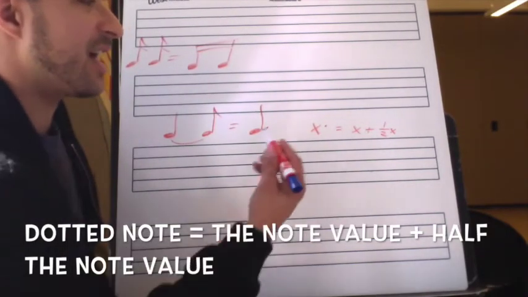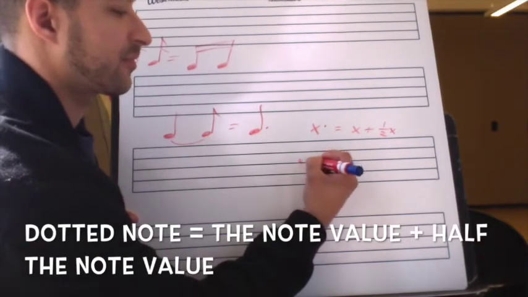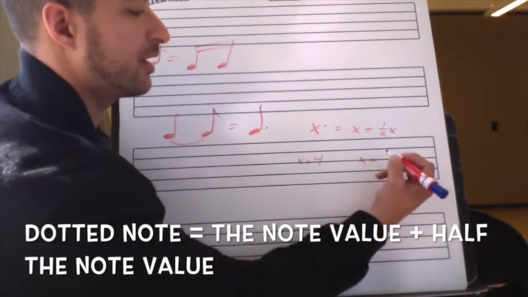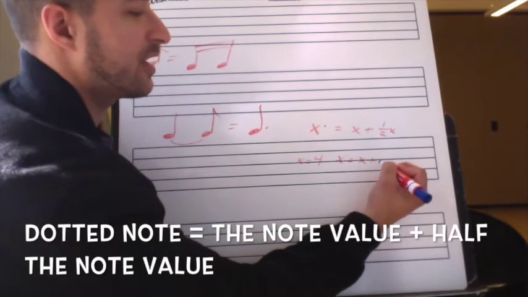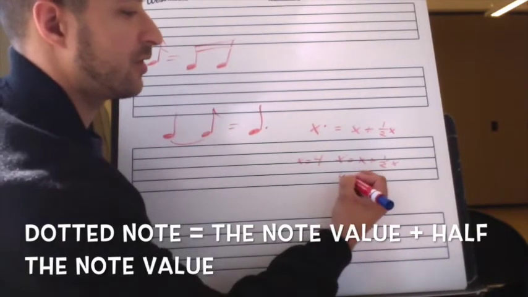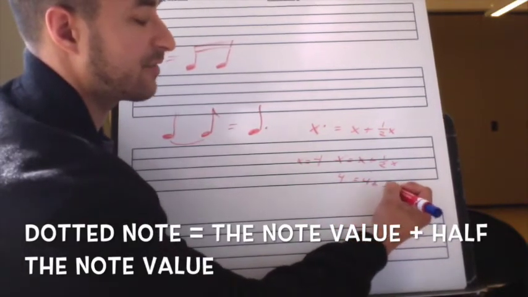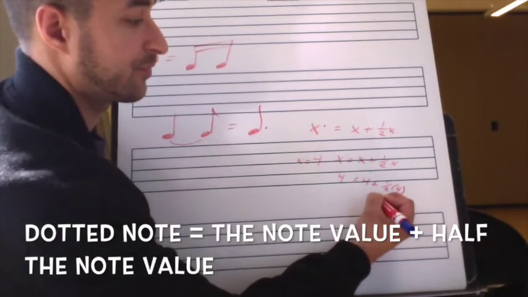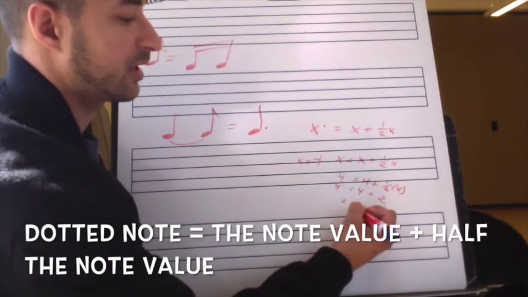So if X was a whole note worth 4 beats, then X dot would equal X plus a half X. So 4 dotted equals 4 plus a half of 4, which is what? 2. 4 dot equals 6.